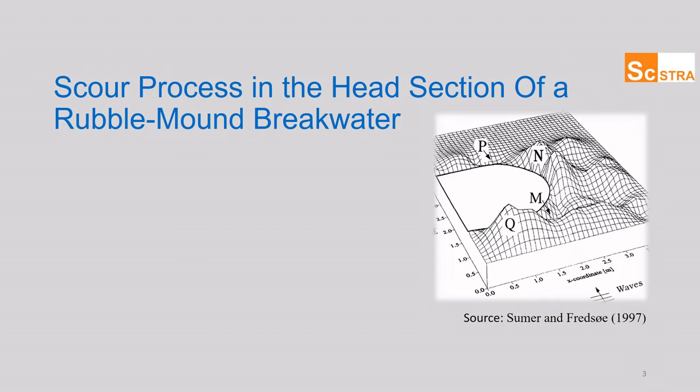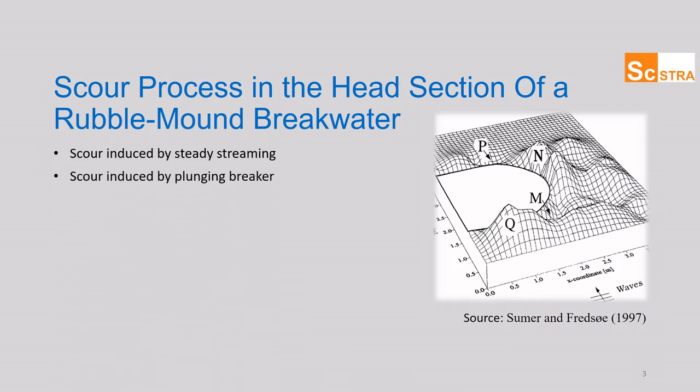Scour process in the head section of a Rubble Mound breakwater. The scour phenomena can take place with the steady streaming. This is the case of the flow, the case of the current.